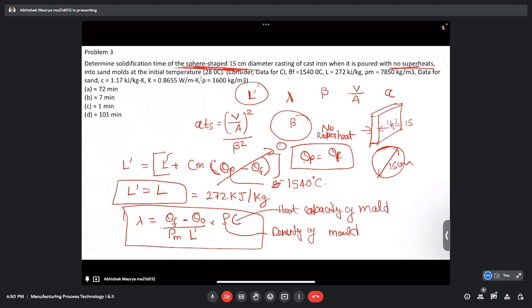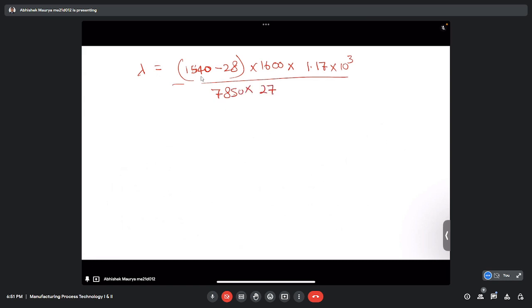Again we put the values: 1600 times 1.17 into 10 to the power 3, divided by 7850 into 272.